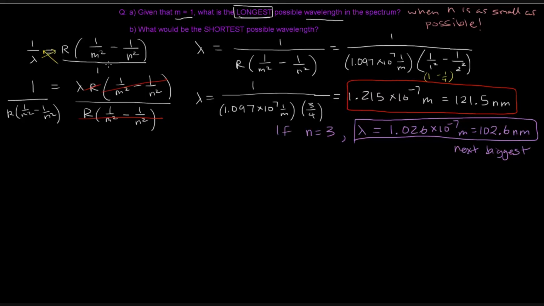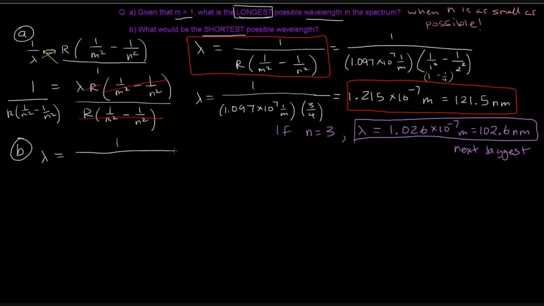Okay, so then they ask you, what would be the shortest possible wavelength? So all of this work was for part A. Now let's do part B. What is the shortest possible wavelength? Well, we're still going to use this equation solved for wavelength. That's the equation we're going to be using.